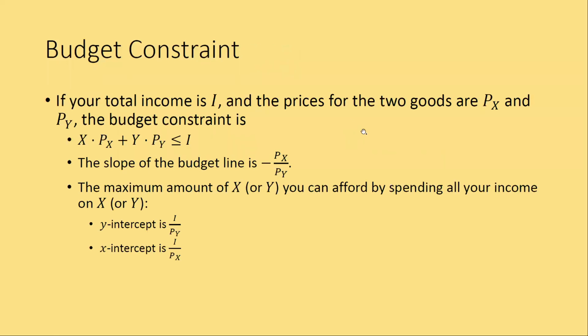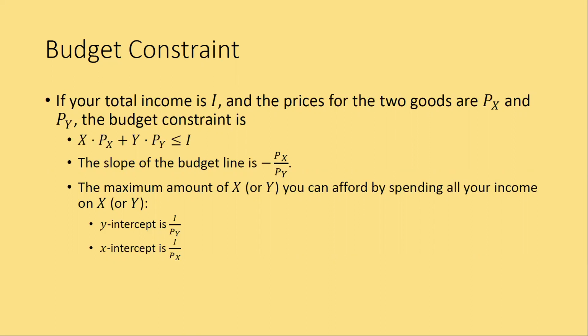So this summarizes what I drew just now. I was using food and clothing. So in general, we have two goods, X and Y, and our income is capital I. The prices of the two goods are PX and PY. So the budget constraint is this inequality: X times PX plus Y times PY less than or equal to I. The budget line is the expression where we replace the less than or equal to sign with an equal sign.